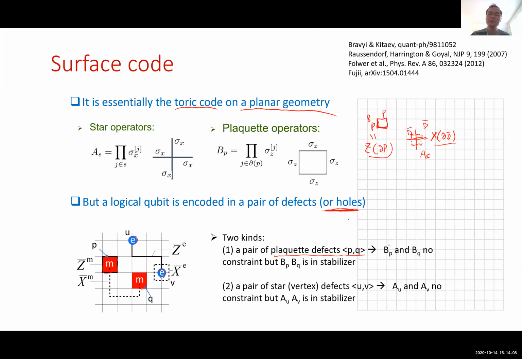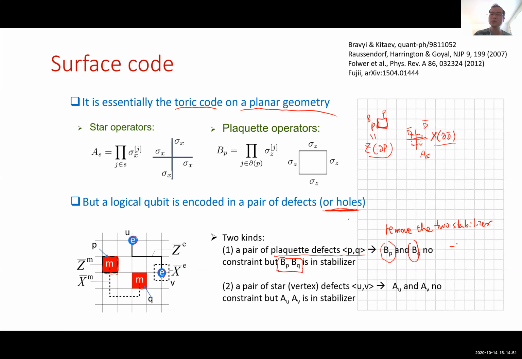To do that, what we want is to remove the two stabilizers, B_P and B_Q. So on the toric code, each plaquette is a stabilizer, so violation is a minus sign, etc. But in the surface code, we want to punch hole in this plaquette in the sense that I don't want to enforce the constraint, meaning that this B_P here is not a stabilizer, this B_Q here is not a stabilizer, but instead I want the product to be a stabilizer, right?